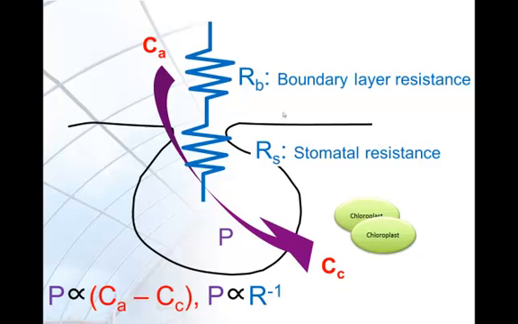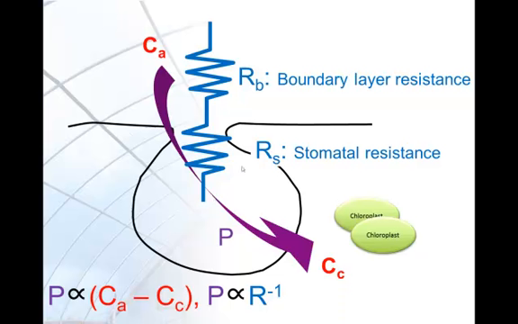And that layer thickness is affected by wind and also the size of the plant and surface structure of the plants. And those are affecting the thickness of the layer, therefore the resistance of the boundary layer.